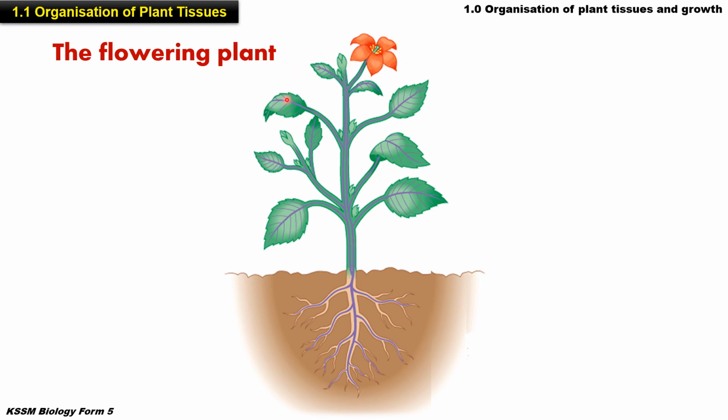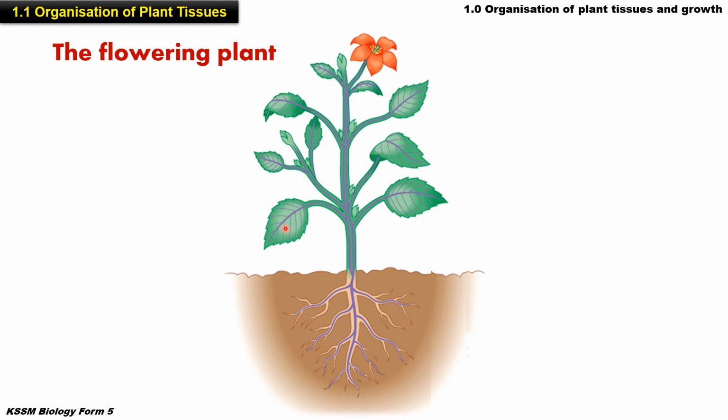This is the flowering plant. You remember in form 1 we learned the cell organization: cell, tissue, organ, system, organism. That flow is also used in the plant.